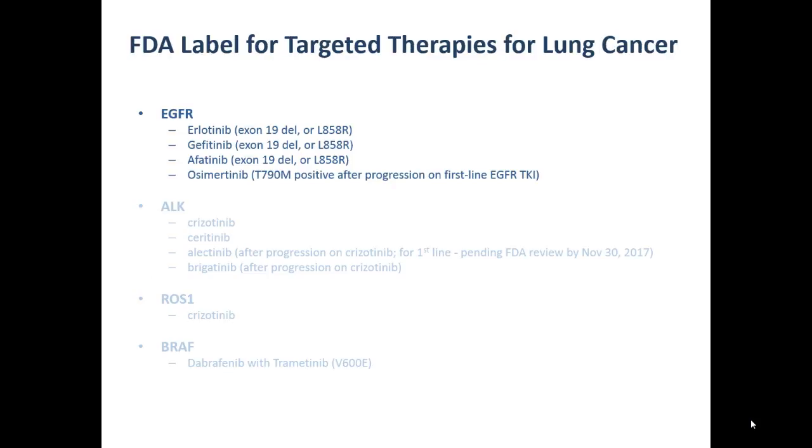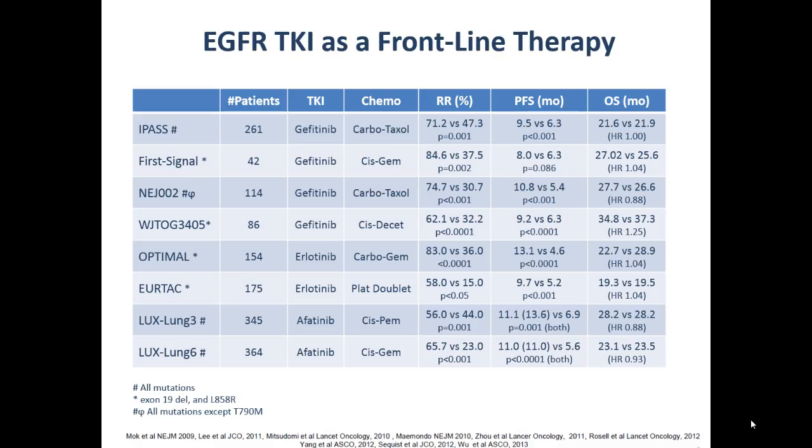So just to refresh your memory, I want to give you a sense, as a pulmonologist, of what basis EGFR TKI frontline therapy was approved on. This is a composite of multiple clinical trials conducted over the years.